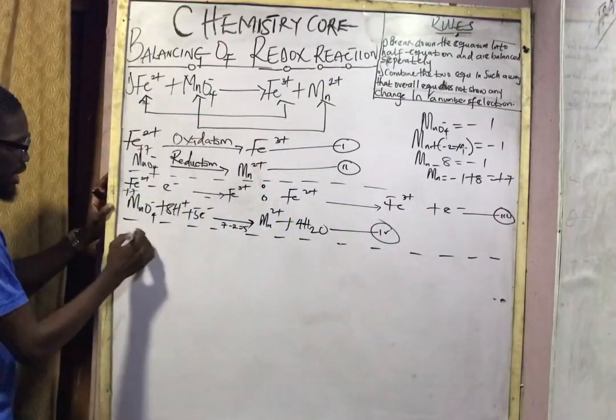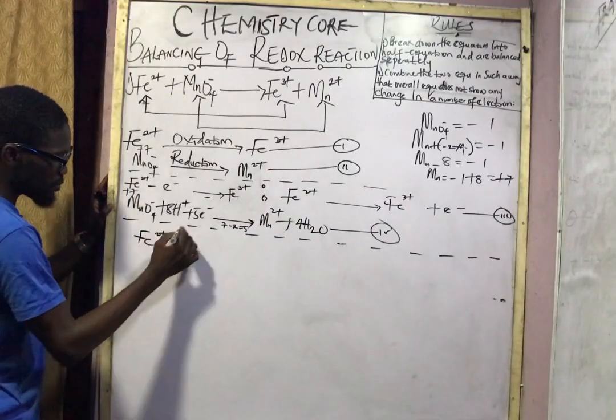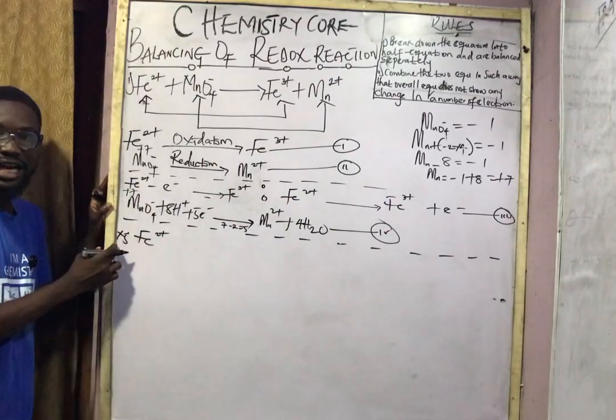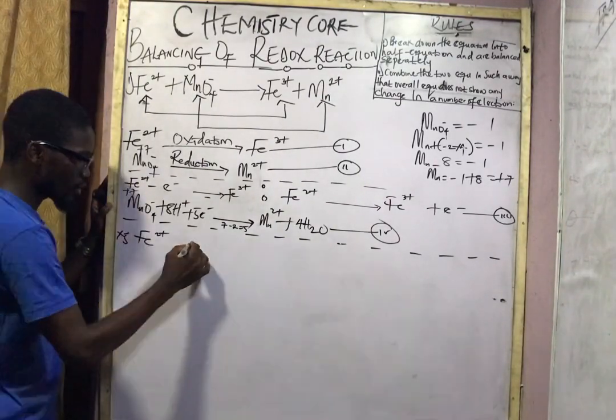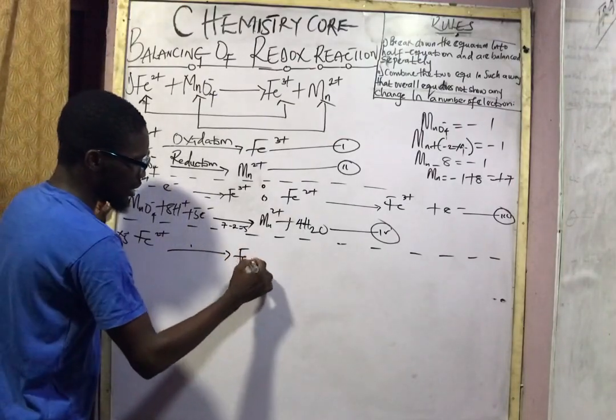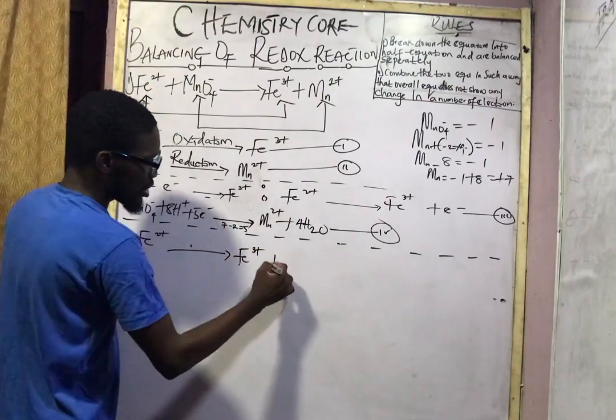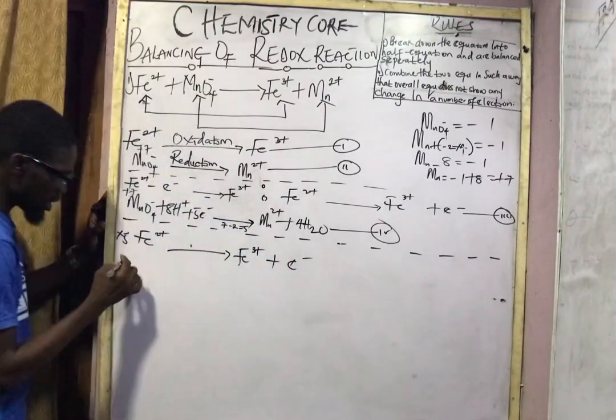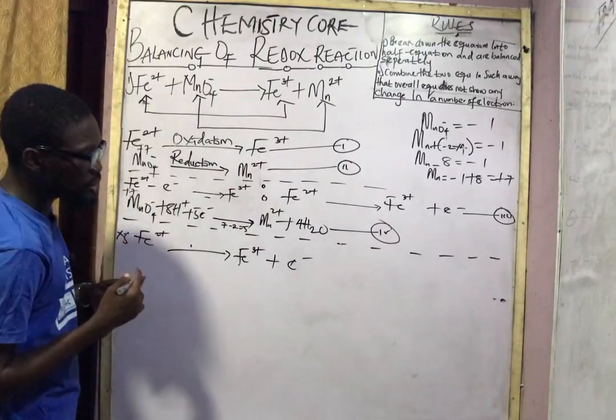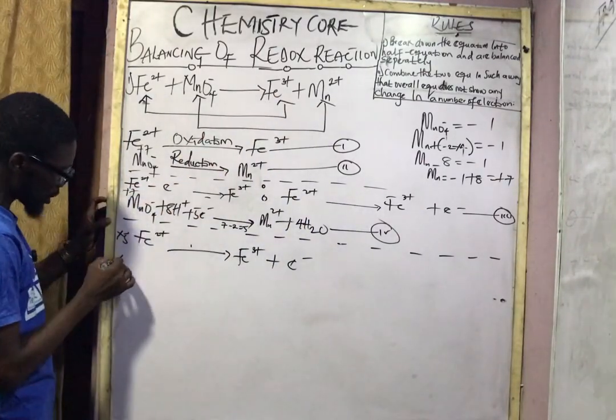By doing that, we have Fe²⁺ times 5. This is the charge of equation 4. We have this Fe³⁺ plus e. So for the charge of equation 4 by 3, we multiply by 1.